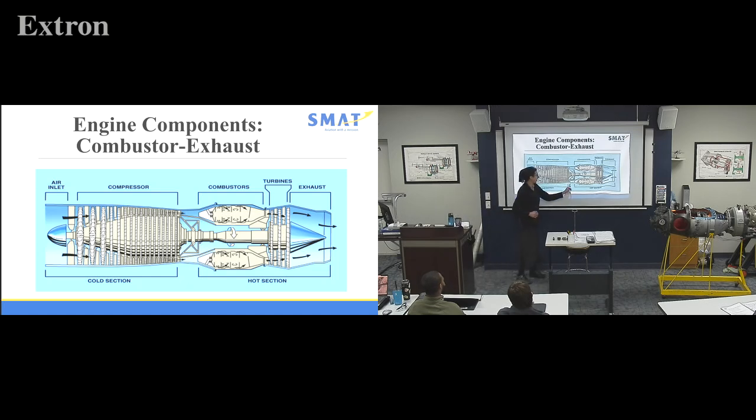What is this area? What are some names for this area? Outlet of the compressor. P3. You get the gold star. P3, this is where we get P3 air, P3 station, typically. Definitely on a PT6.